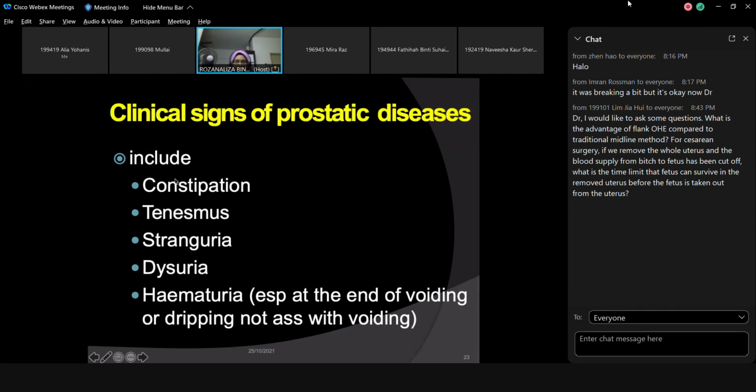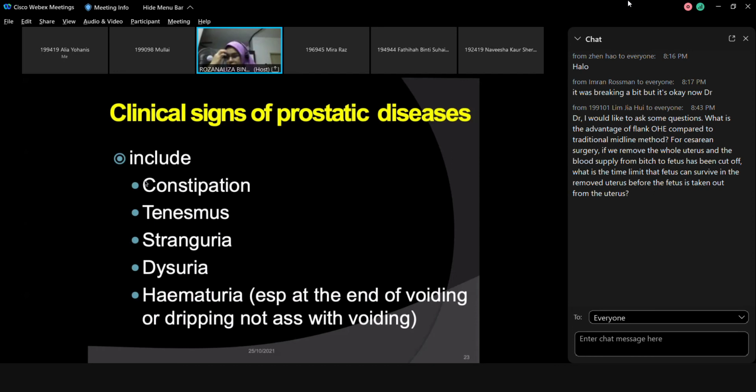Other clinical signs that are associated with prostatic disease: now you have to imagine the prostate, where is the location? It's situated behind your bladder. So when you have an abscess, the prostate becomes enlarged.